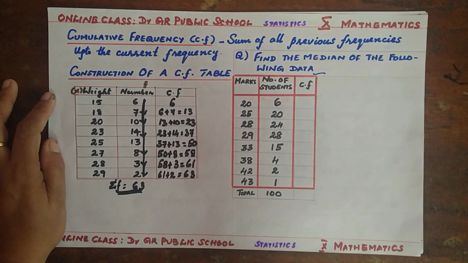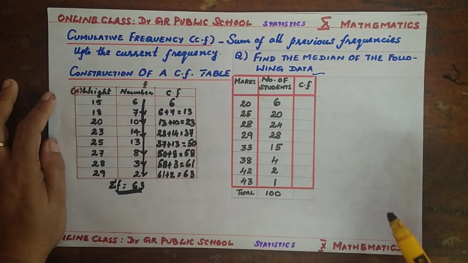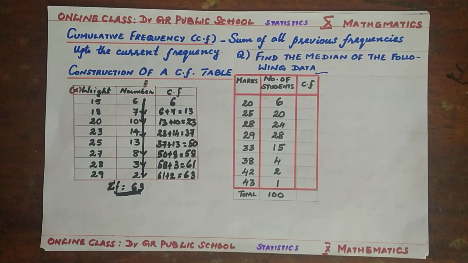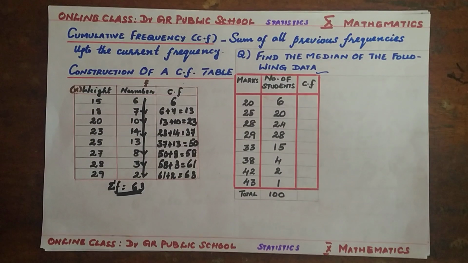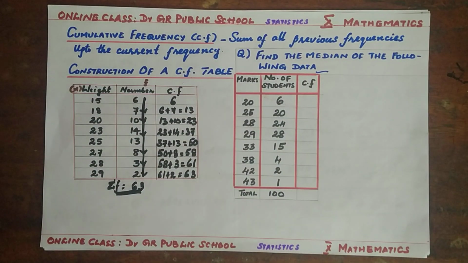Okay. Now we are going to study a question: how to find the median of the following data by using the CF table. Listen to this. Find the median of the following data. You are given the data here.